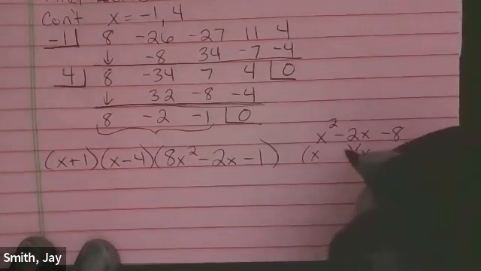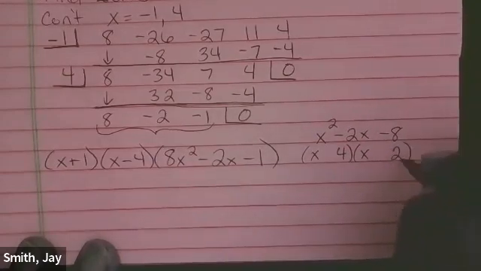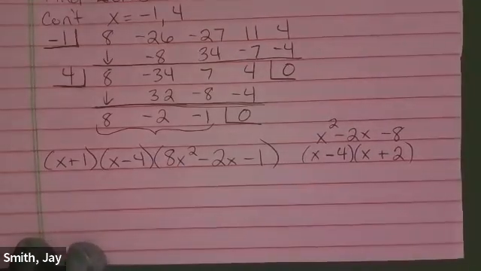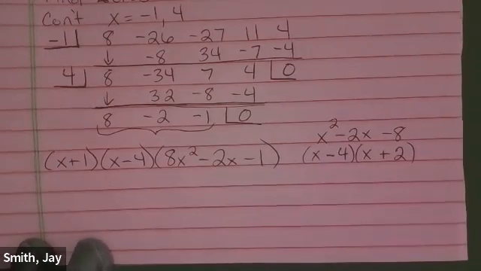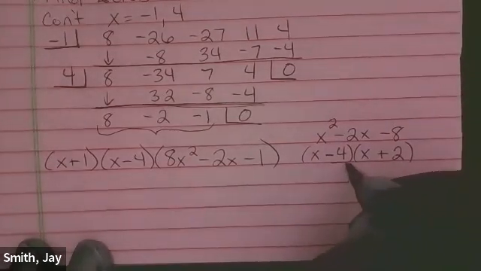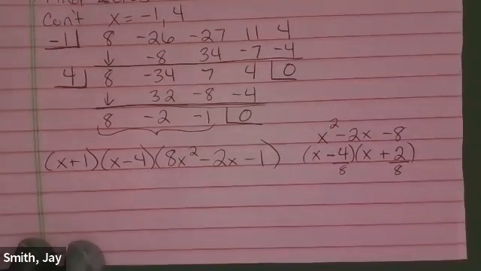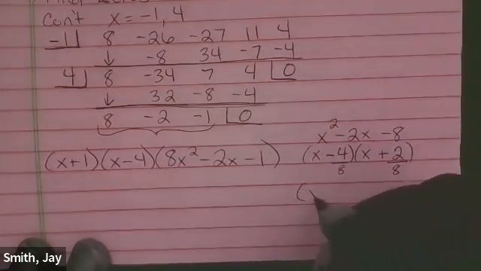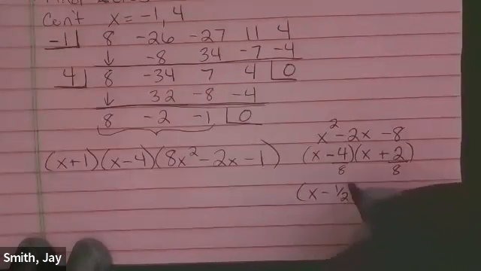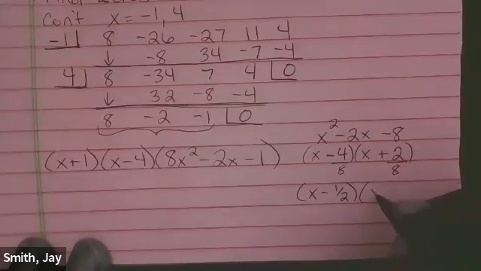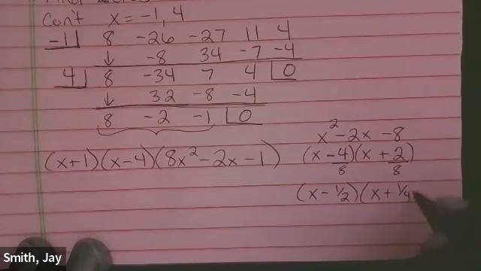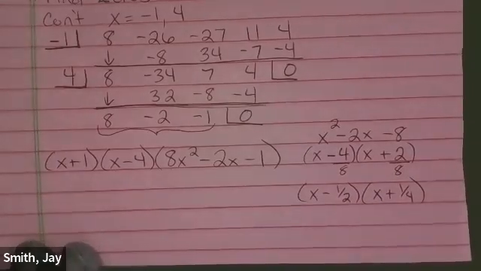And those values are 2 and 4. In order for the sum to be negative 2, the 4 must be negative, the 2 must be positive. Now, this is when we want to remember that we multiplied by 8 at the beginning, so we need to go back and divide by 8 to simplify. So this will be x minus 1/2, x plus 1/4.